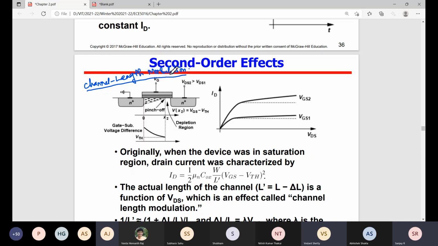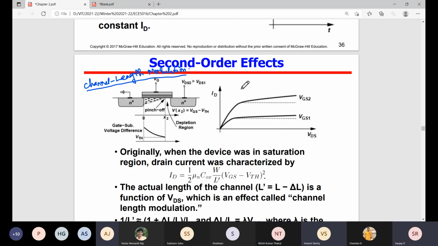How will it affect the behavior in the IV characteristics? You can look at the figure here. By looking at the figure also you can say, in the saturation region there will be a slope. The slope is non-zero.